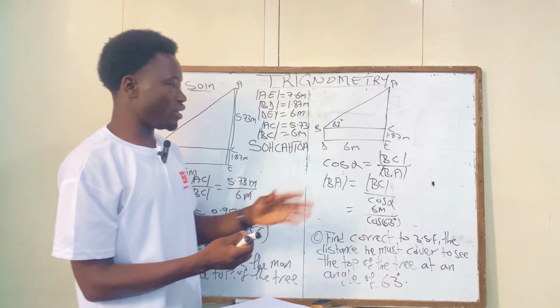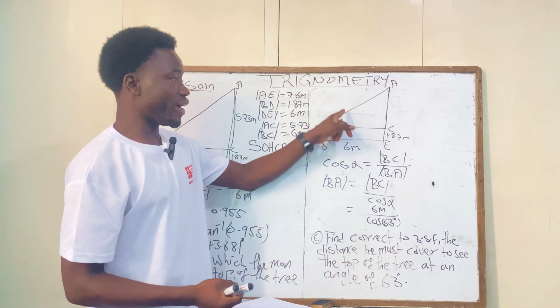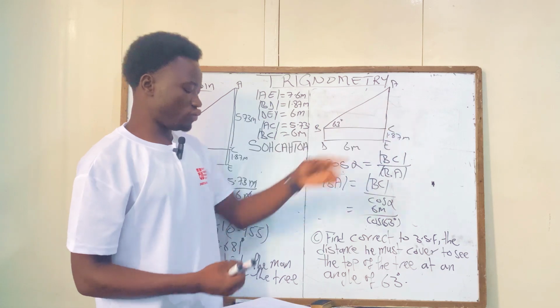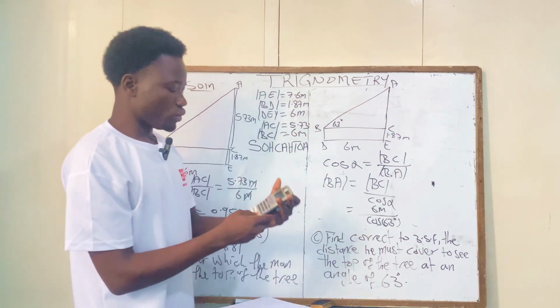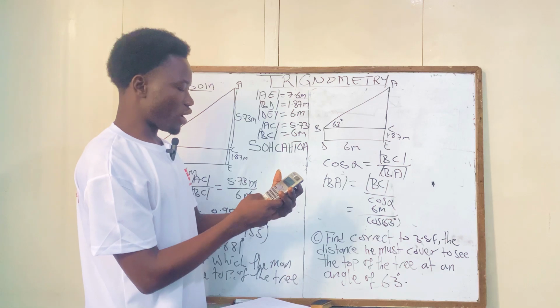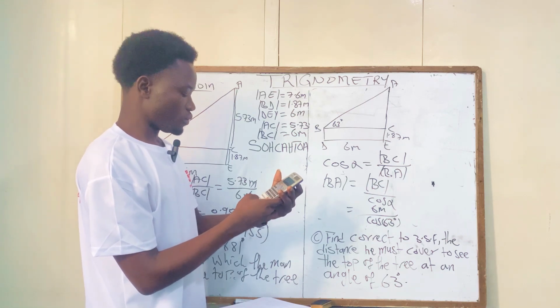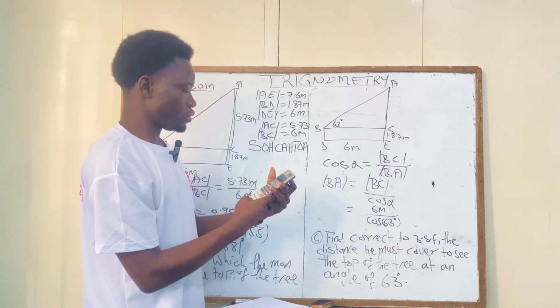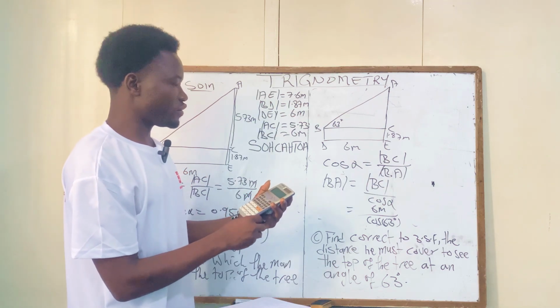So you see how we are dealing with it. Because I know here and I can find here, and I know the angle too. So don't force yourself to go and use this, you may get it wrong. So we key this in the calculator and we are good to go. So I have cos 63, which is 0 point 4539 whatever.